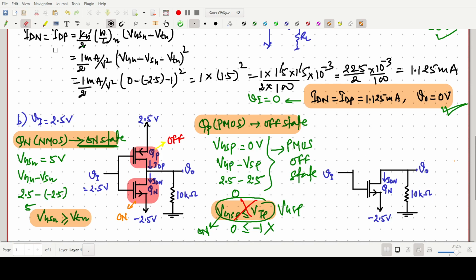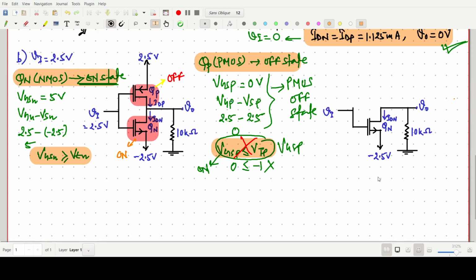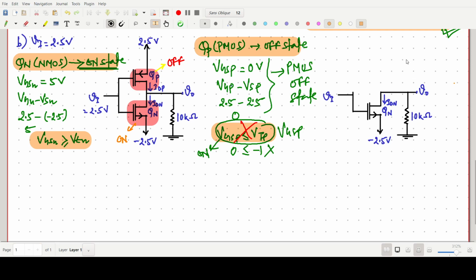Okay, so the circuit is somehow like this. From this figure, we have made the same figure like this. This is the circuit, so now the current is flowing like this.